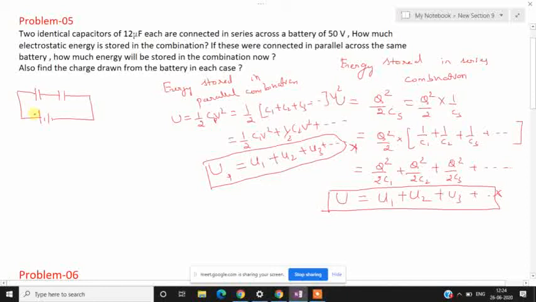You take care of the units. The capacitance is given in μF. The answer 7.5 into 10 to the power minus 9 joules, is that correct? Take care of the units. Look at here, I have given it in μF. So take care of that.